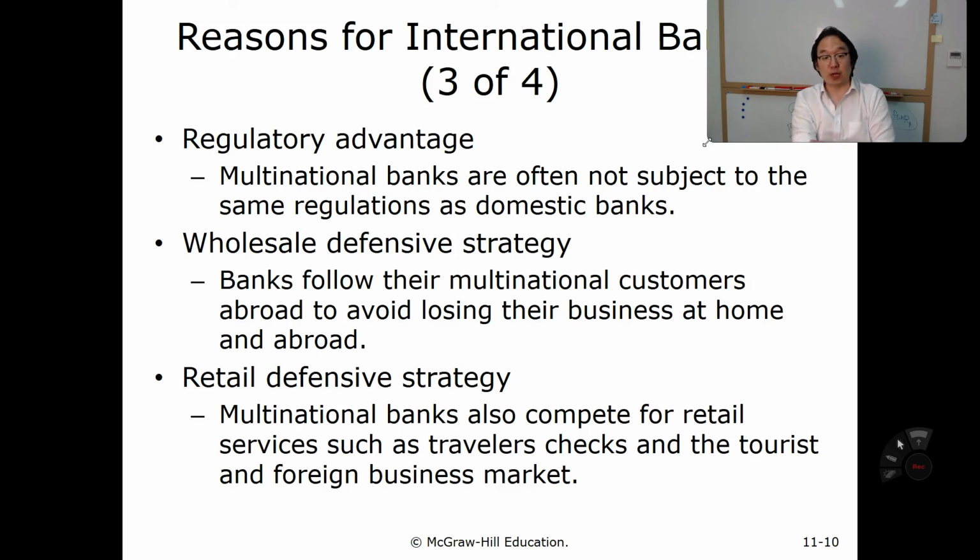Retail defensive strategy. Multinational banks also compete for retail services such as traveler's checks and the tourist and foreign business market. You may wonder what traveler's check is, right? In time immemorial, when I was a high school kid, there were such things called traveler's checks. It's used like cash, an international check that you can use just like dollars.